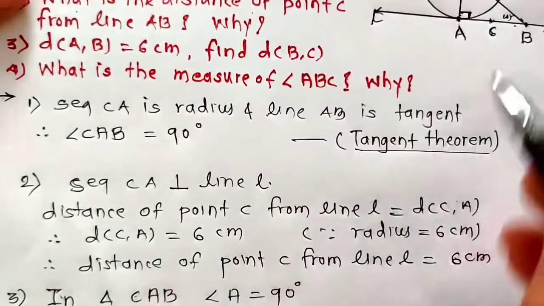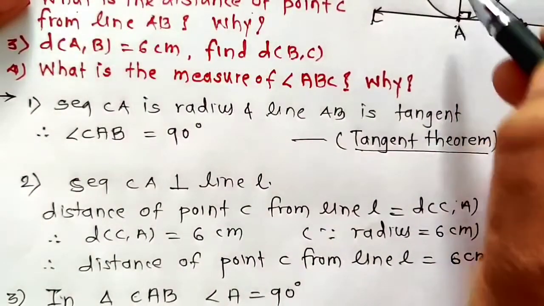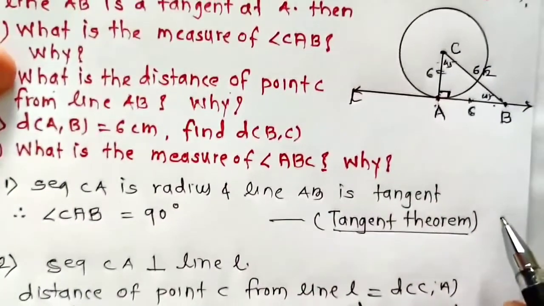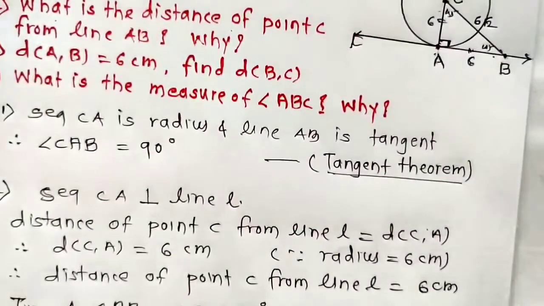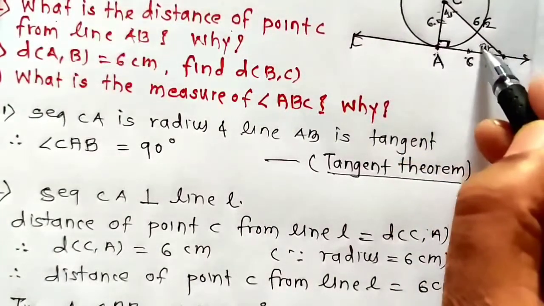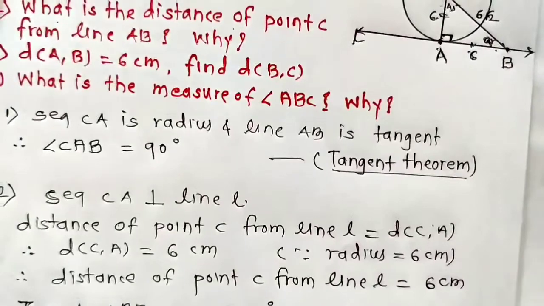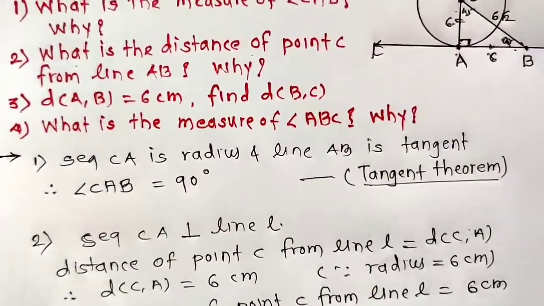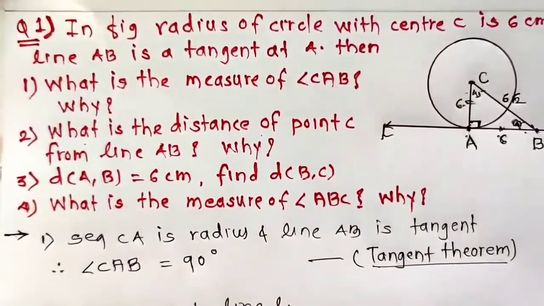In the third one we have to find the distance of point C from A. So the length of the perpendicular, meaning the radius, is equal to 6, and at last we have to find this angle. These are congruent, that's why it is 45 degree. So in this way question number 1 is completed.